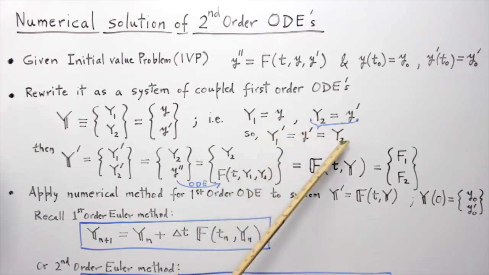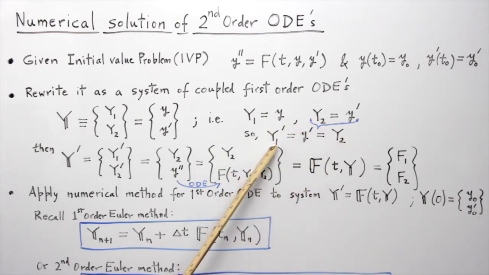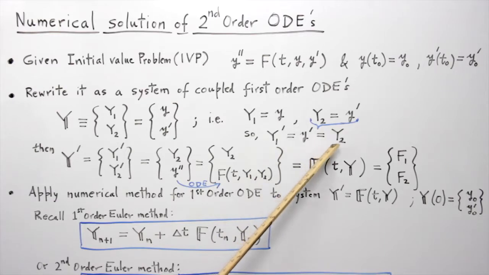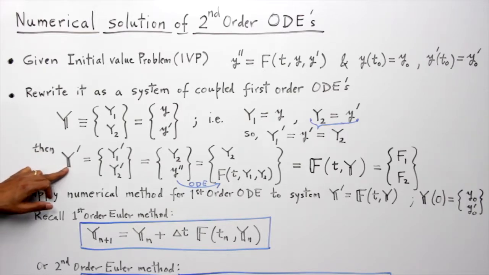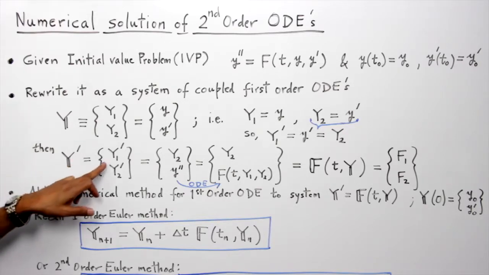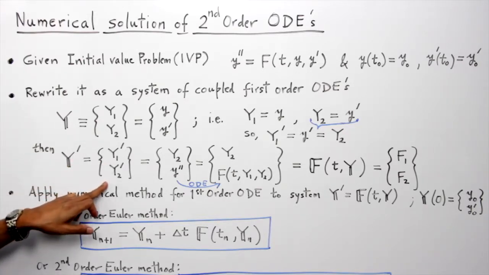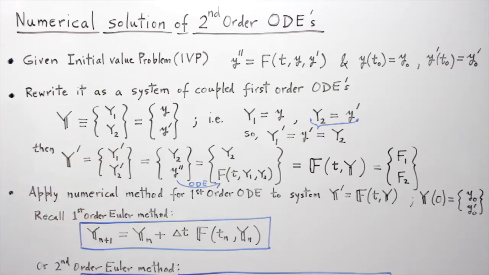This is a first order differential equation relating the first component of Y to the second component of Y. All right? And so if we try to write this more generally, if we say what is the rate of change of the complete vector Y, then Y prime is Y1 prime and Y2 prime, the rates of change of the two components. Y1 prime, we have just seen up here, is equal to Y2, so we substitute that here.